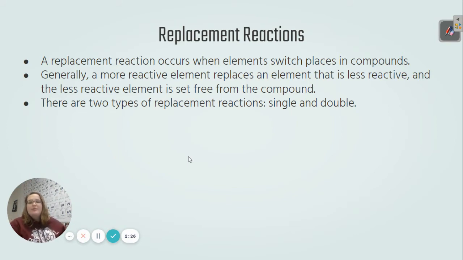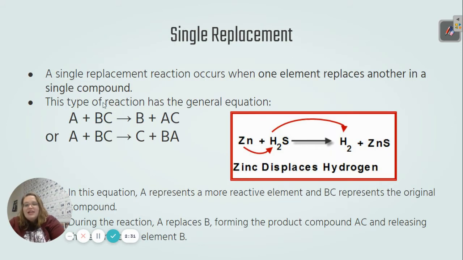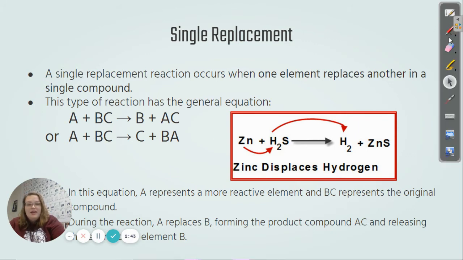This is going to occur when elements switch places in compounds. The first one is single. In a single replacement reaction, it can look like one of 2 things. You're going to have A plus BC makes B plus AC, or A plus BC makes C plus BA. So what does that mean?